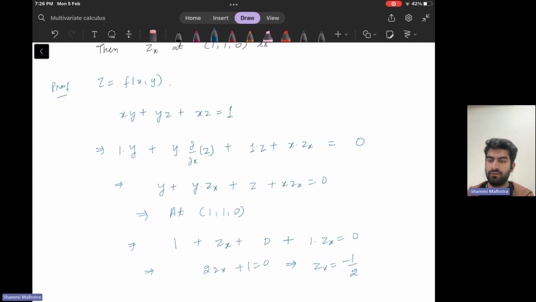So you just have to directly partially differentiate. Just differentiate normally and you will get the values. Just keep in mind, when differentiating, which variables are independent and which variables are dependent.